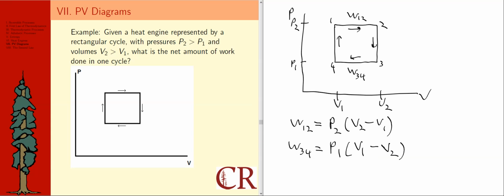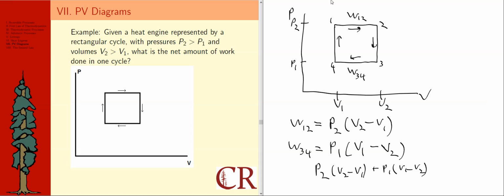If I want to see what the net amount of work is, I have to add these two things up. So if I add them up, it would be P2 times V2 minus V1 plus P1 times V1 minus V2. But maybe I can rearrange things a little bit, because wouldn't it be neat if I had a common factor here?